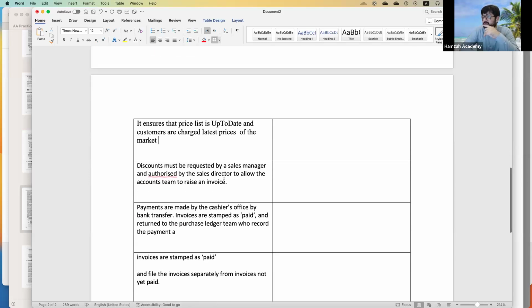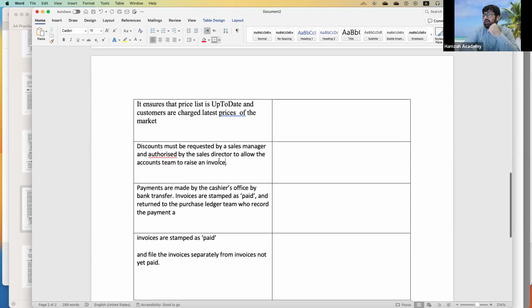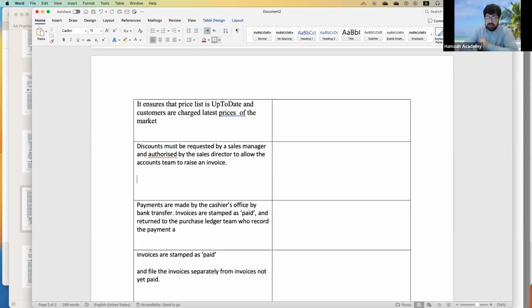So what is the benefit of this? Now you tell me the benefit. Identify and explain the advantage. Direct control. Tell me. Authorization by sales director of discount. Yes. What is the benefit?